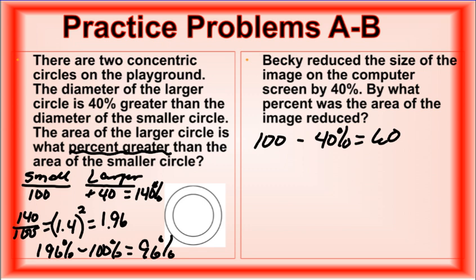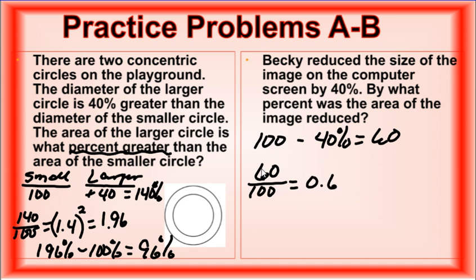And so now we compare the reduced size of the image and the original. The reduced one is 60, and the original is 100, which will give you 0.6.